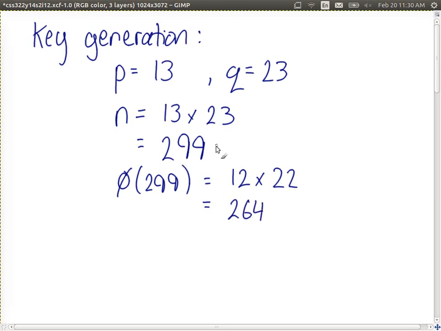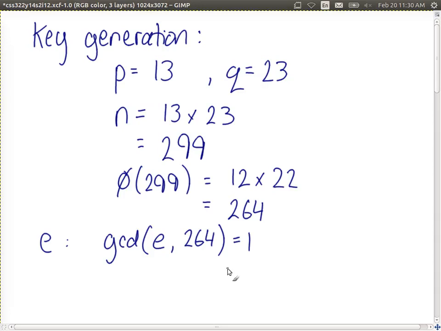So just multiply our 2 primes together, gives us N. Multiply the 2 primes minus 1 together, gives us the totient of N. So they're easy to do. Choose an E such that, again, the greatest common divisor of E and 264 equals 1.